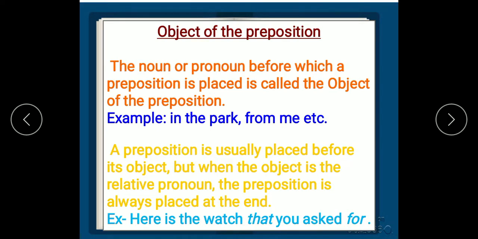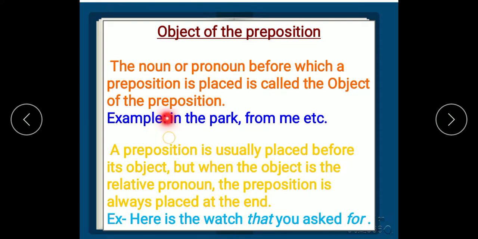Next, object of the preposition. It is very, very important. The noun or pronoun before which a preposition is placed is called the object of the preposition, as we have seen in previous sentences also. For example, in the park.